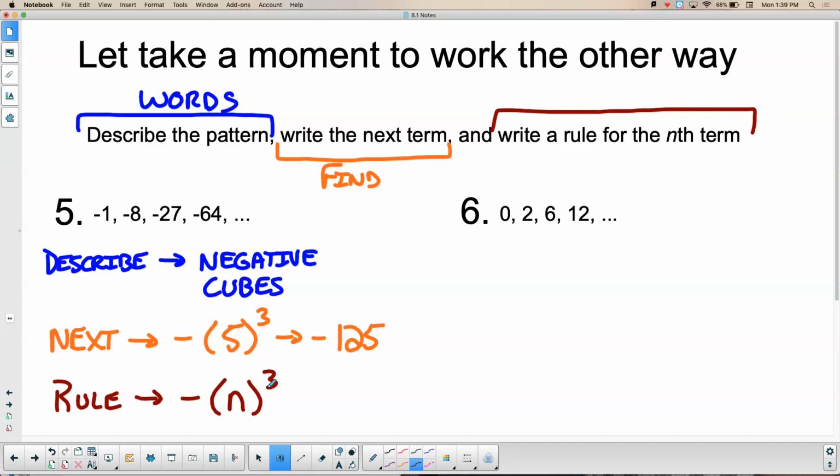Okay. Anybody see a pattern in number 6? So how can we say that in words?